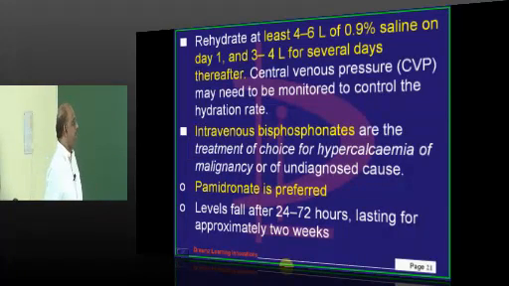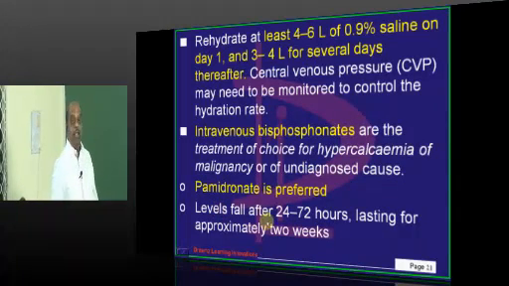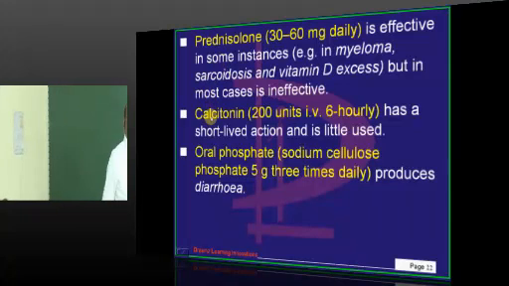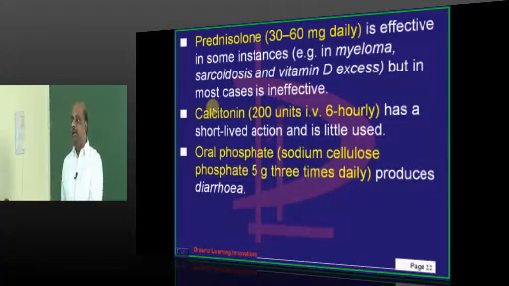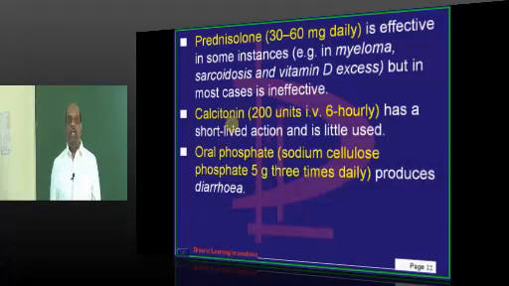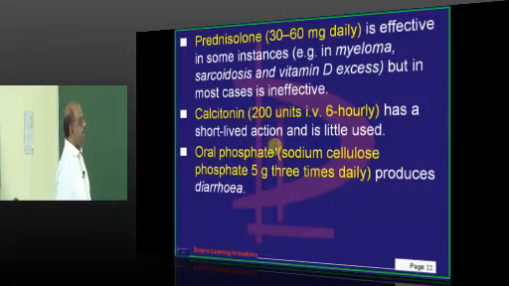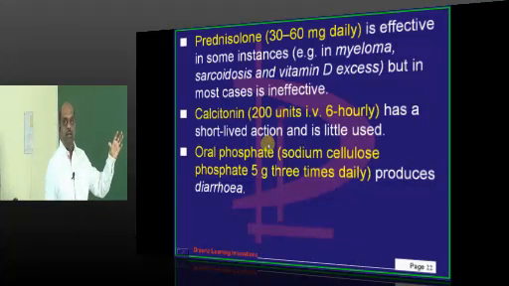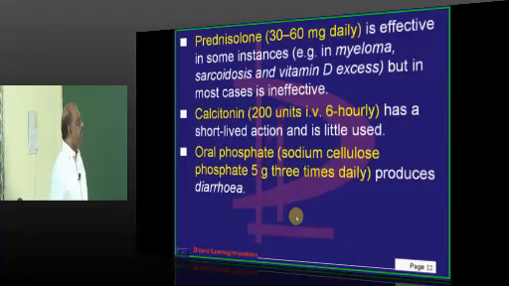Pamidronate is the preferable agent, and if you give it, within 24 to 72 hours the calcium levels will come into control. Prednisolone, typically whenever there is a steroid-suppressible hypercalcemic etiology, then you can give prednisolone. Then we can give calcitonin, but it is a short-lived action, and we give oral phosphate, but oral phosphate can produce diarrhea.